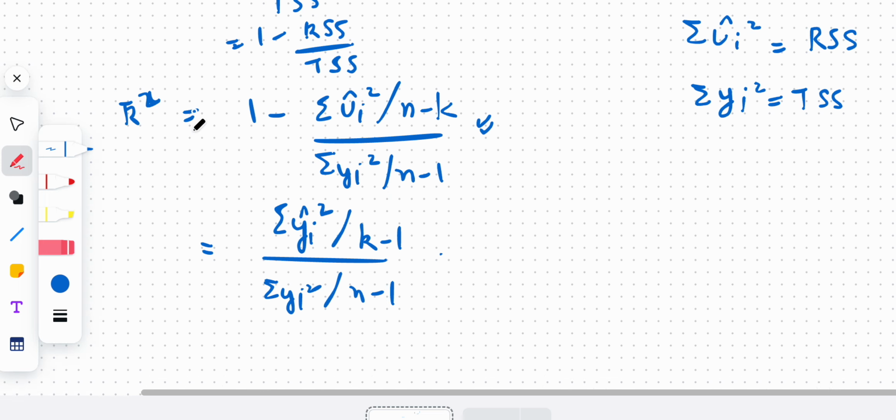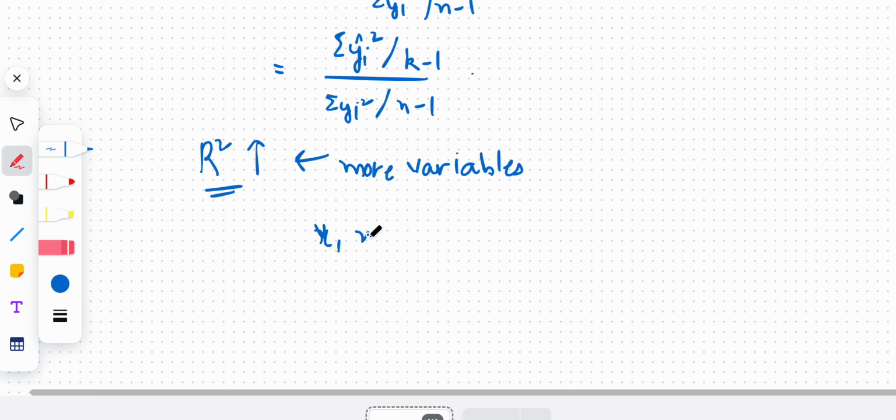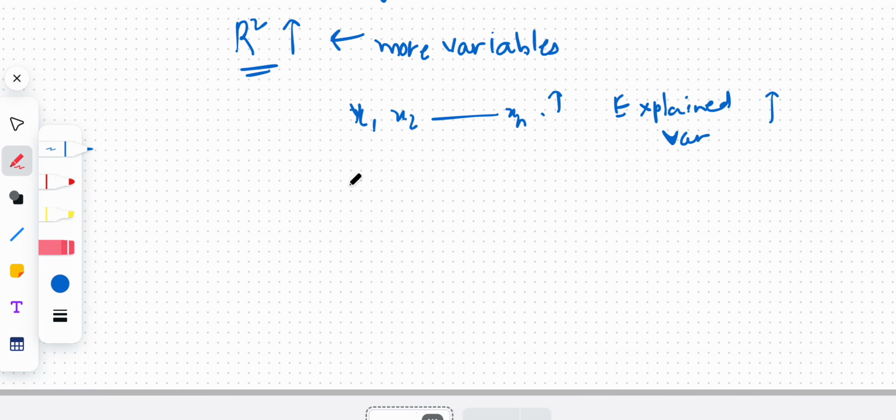So I now understand better. My R square will rise if there are more variables in my model, because as the number of variables increases, like x1, x2, xn, my explained variation will automatically increase. What does that mean? If my explained variation has increased, my R square will definitely increase.